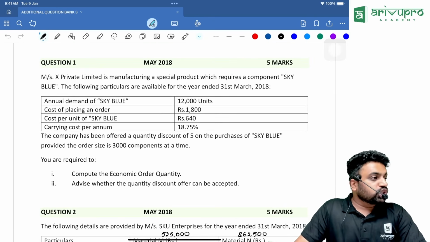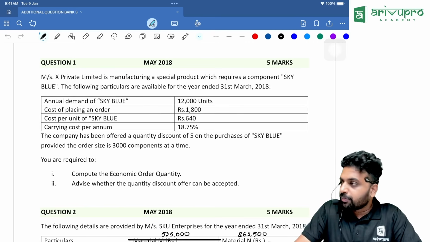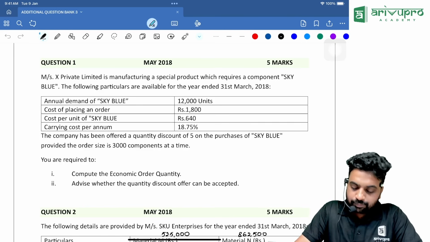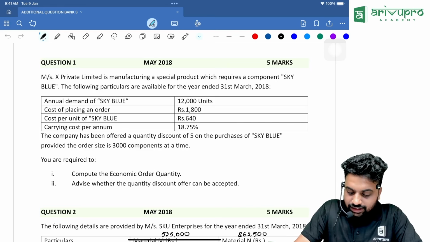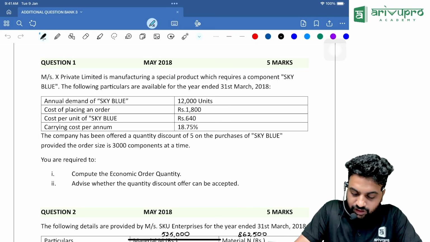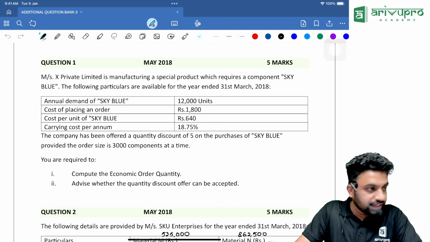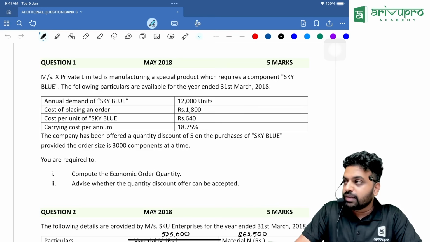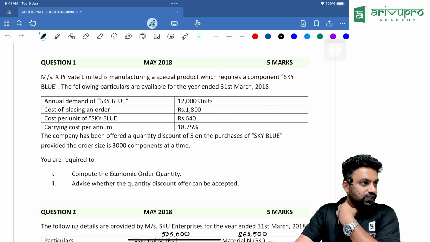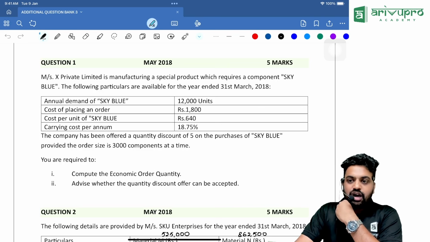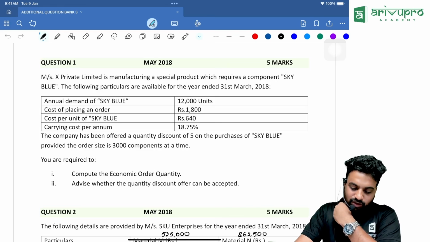Look at this first question of PYP, May 2018. Measure X Private Limited is manufacturing a special product which requires a component, sky blue. The following particulars are available for the year ended. Annual demand of sky blue, they are telling. Anyhow, they are telling about raw material itself. Special component required was raw material and they are talking about raw material only here.